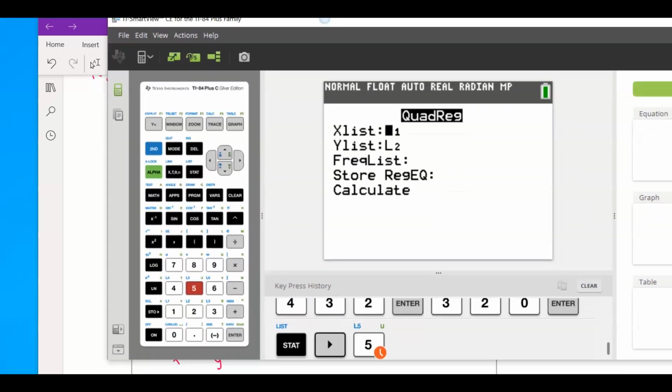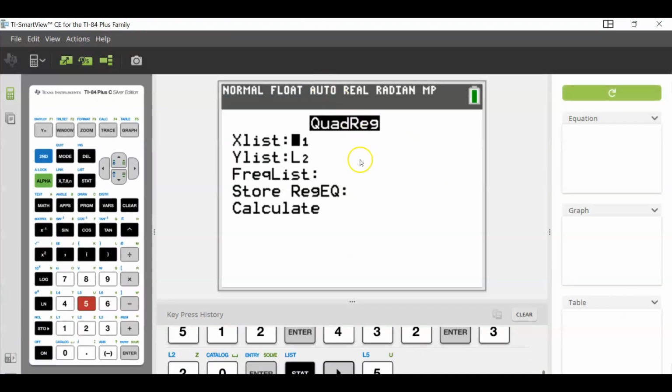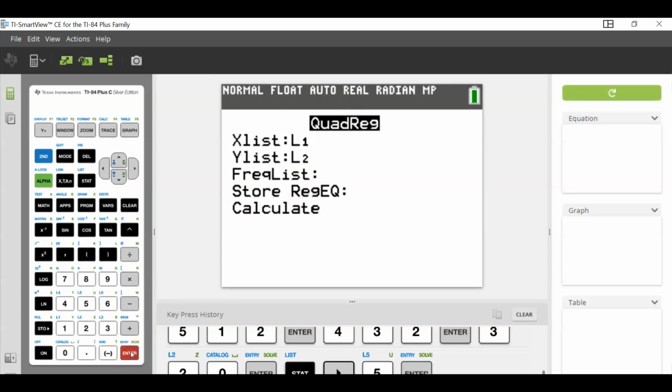All right. So now we don't have a frequency list, so we don't have to worry about that. So I'm just going to hit enter, enter, enter, enter. There's your equation.